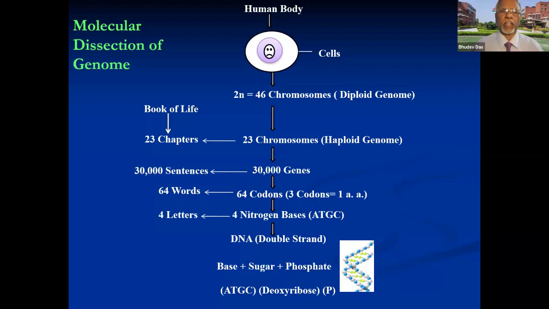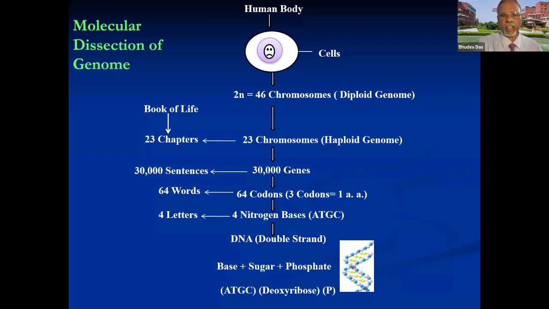This is the book of life, the human body, which can be broken into cells, the smallest unit of the body system, and each cell, except germ cells, has 2n equal to 46 chromosomes, the diploid number. The haploid number is 23, the haploid genome, and around 25 to 30,000 genes, 64 codons.